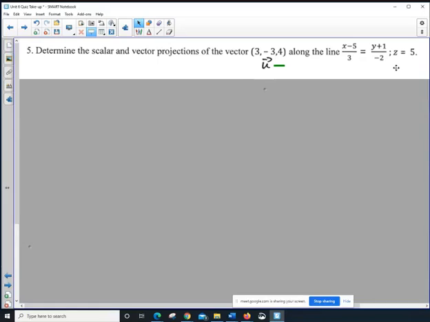And well, what would be a really good representative for a vector that represents the same direction as a line?